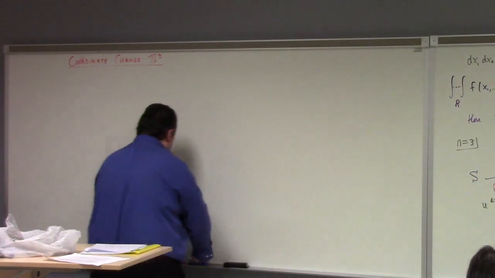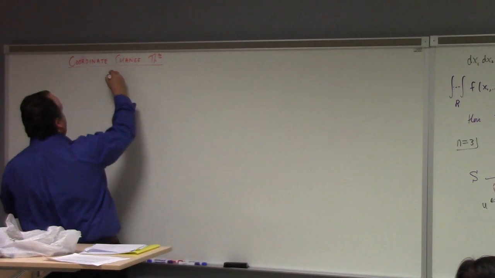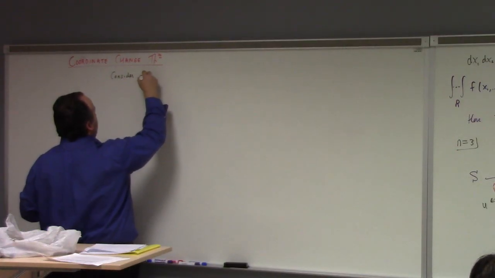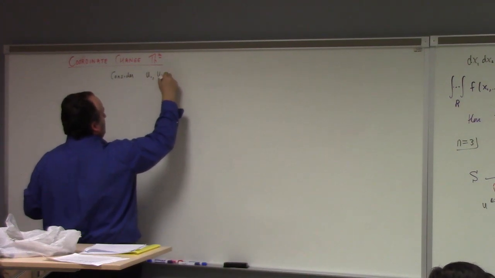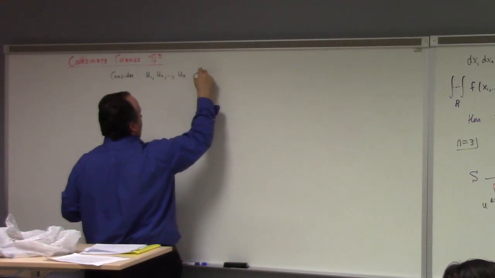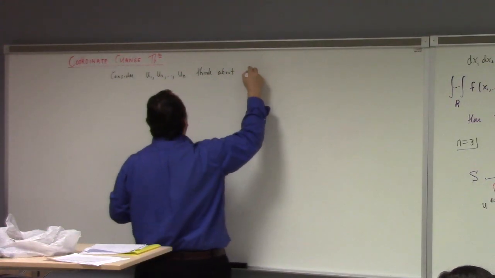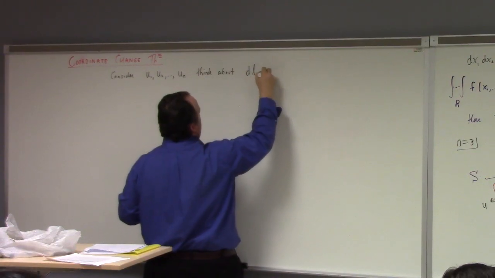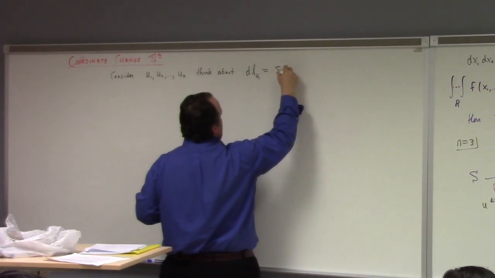So if I consider u1, u2, all the way out through un, I can think about the change along u1, which is going to be basically some scale factor times du1.